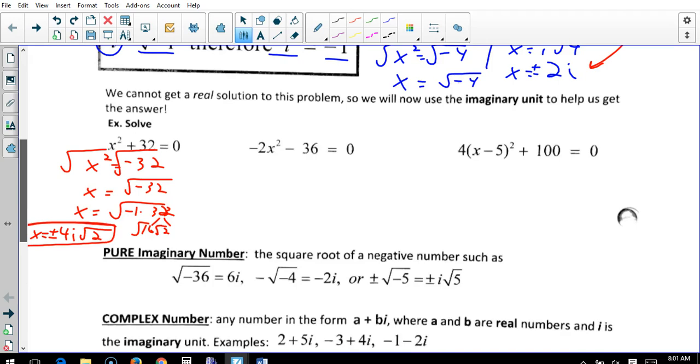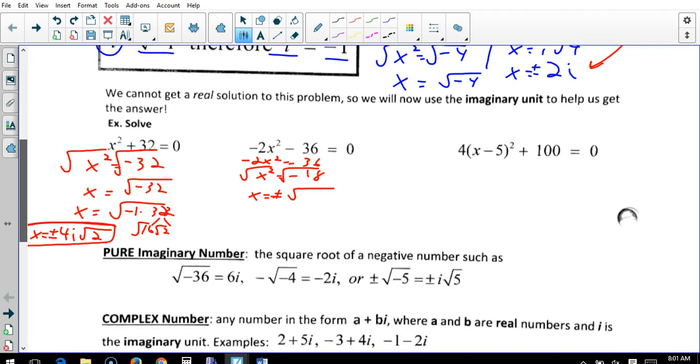Then we're going to add 36 to both sides. Negative 2x squared equals positive 36. But now when we divide by negative 2, again, we end up with x squared equals negative 18. We square root both sides, and we get x equals plus or minus the square root.